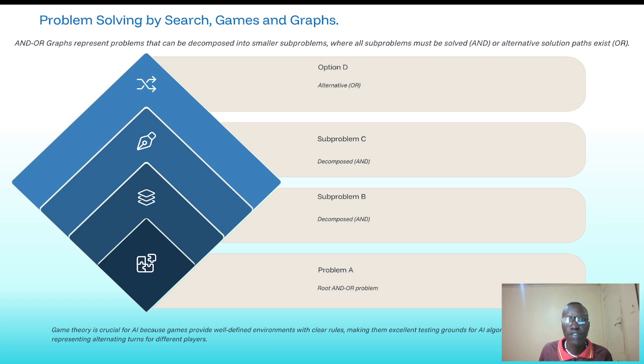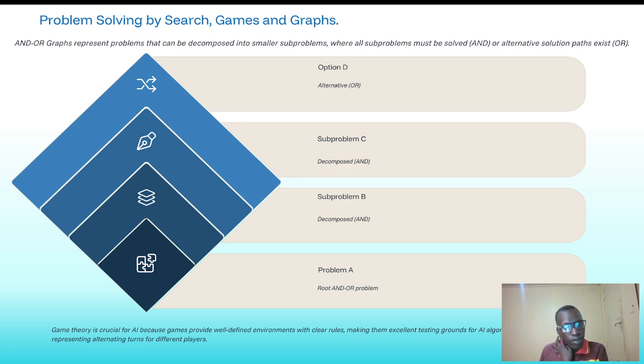As you can see in the graph, we have option A, or problem A, as the root, and we have sub-problem B, sub-problem C, option D.